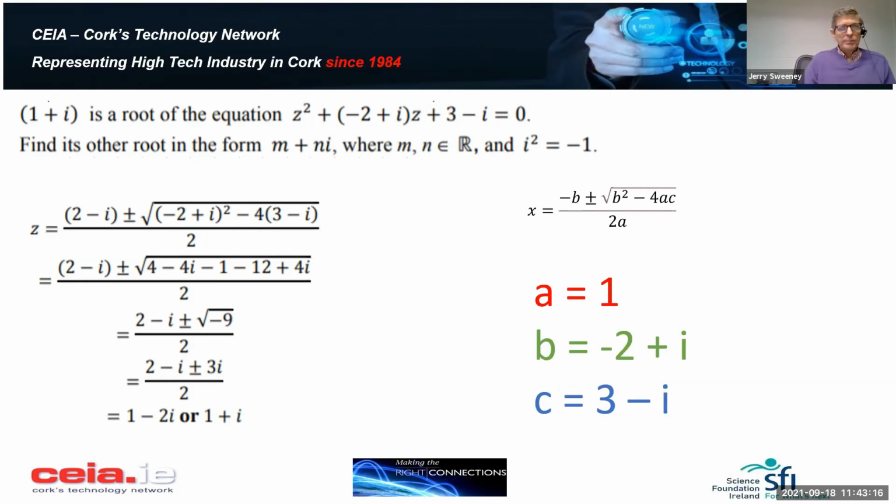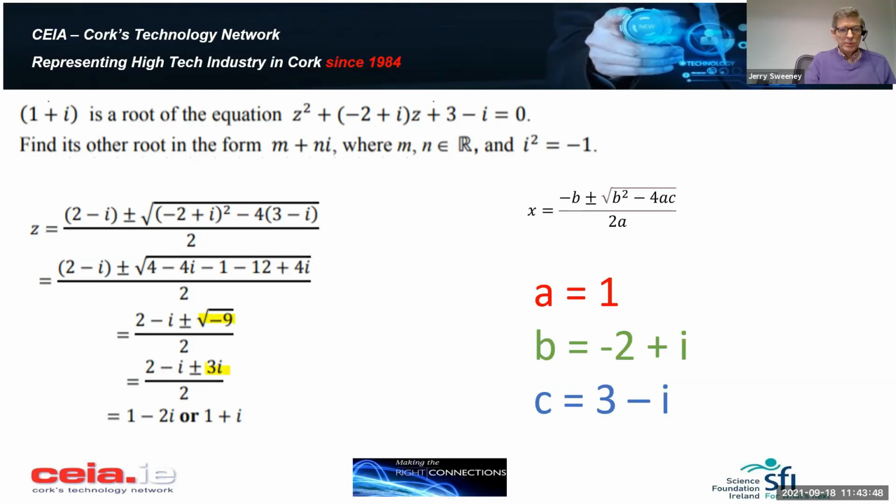So we have the arithmetic here is quite straightforward. We just have to remember that the square root of minus 1 is equal to i, and the only complicated part of this is where we need to go back to where we need to take the square root of minus 9 and we convert that to 3i.